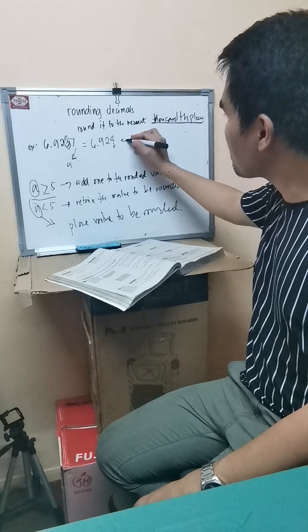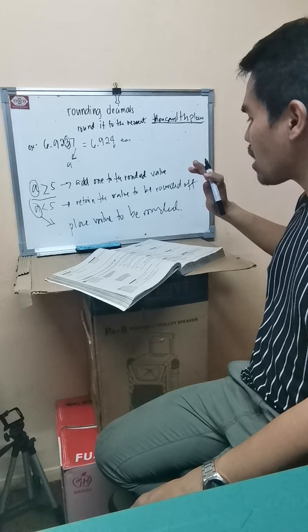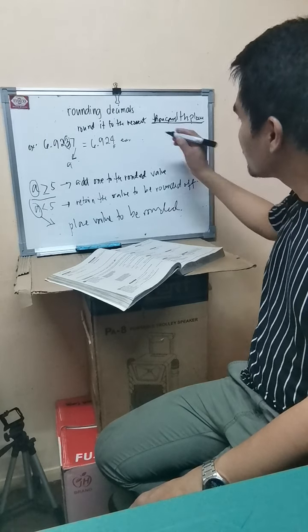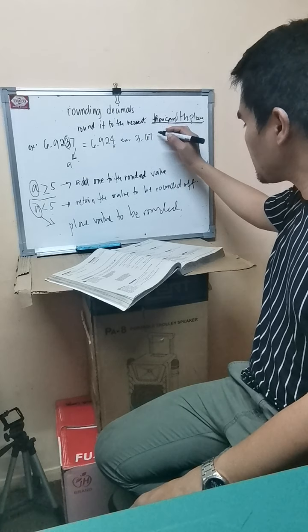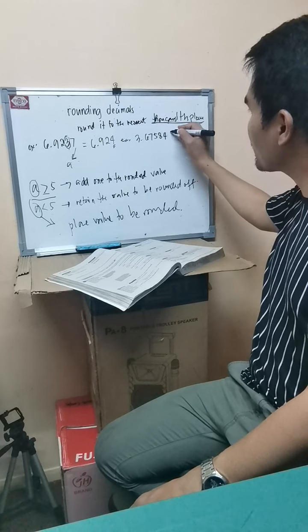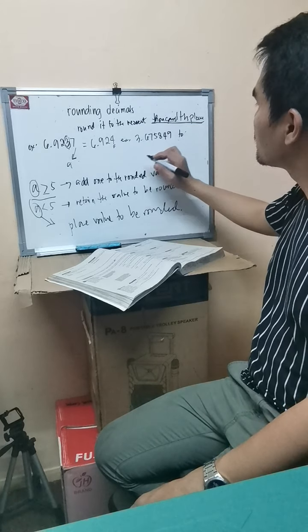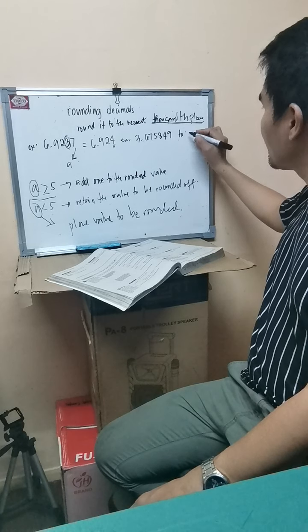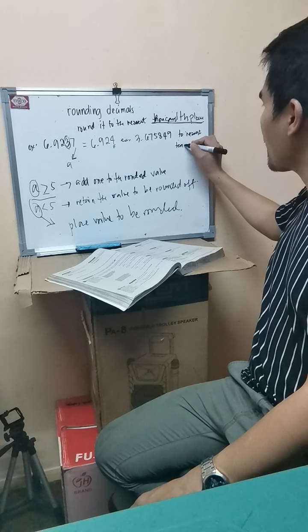Let's have another example. You round off the given number 3.675849 to the nearest 10,000ths.